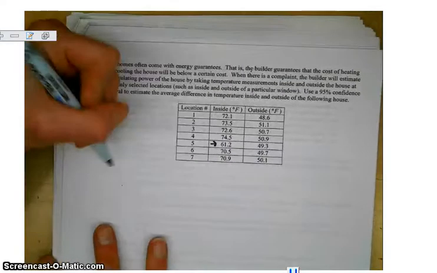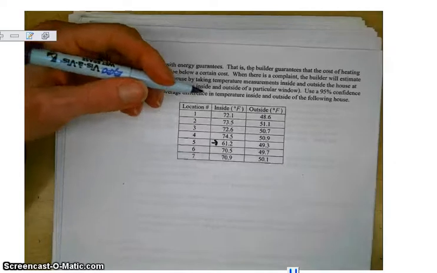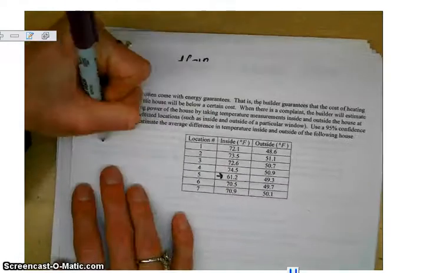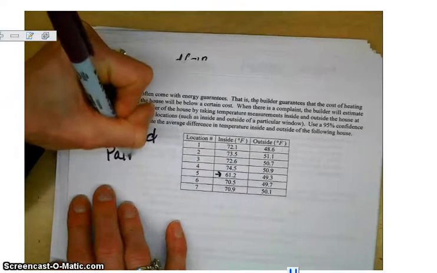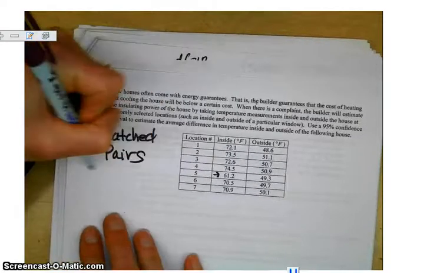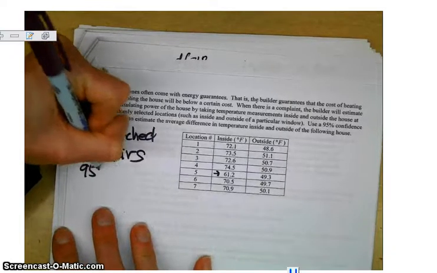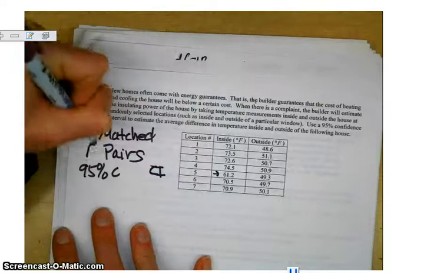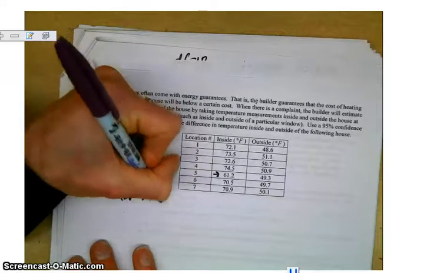So what we're going to do is our 4-step procedure for a confidence interval, but we're going to do a matched pairs. This is going to be a 95% matched pairs confidence interval for the mean difference.